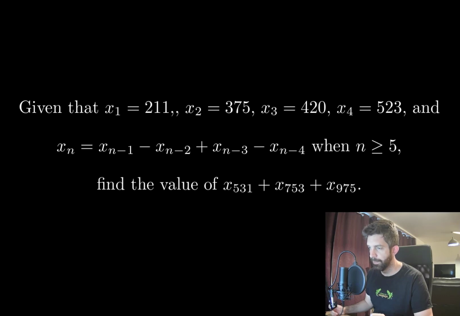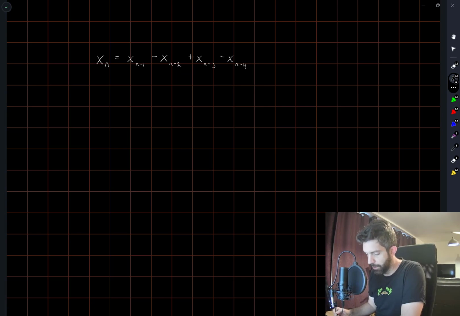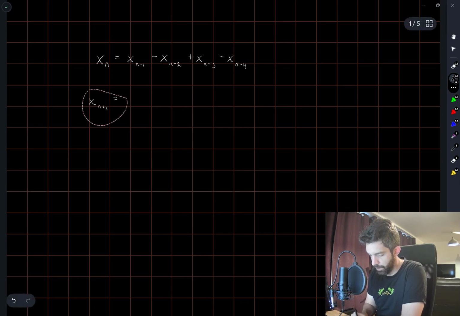So for example, let's start with the recursive relation itself. What I'm going to do is use the recursive relation itself to substitute what xn minus 1 is equal to.